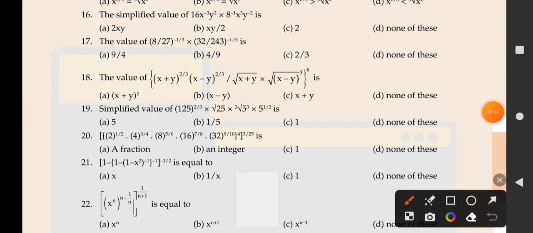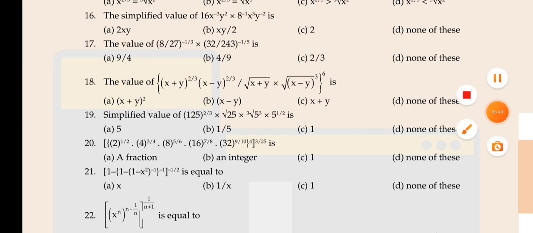16th. The simplified value of, let us simplify. 16 and 8 come in the table of 2. Or maybe you can just directly multiply the constants over here. 16 into 8, sorry, I'm so sorry, it is 8 power minus 1.